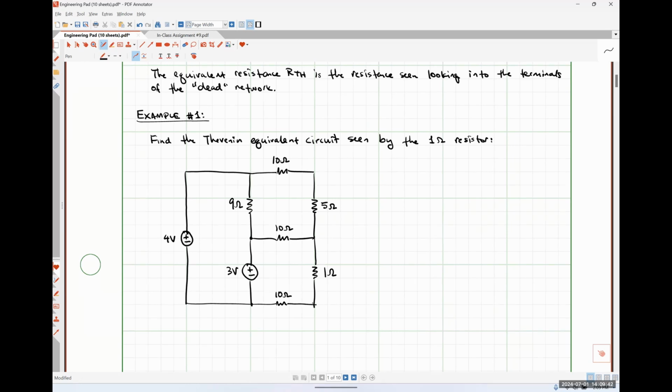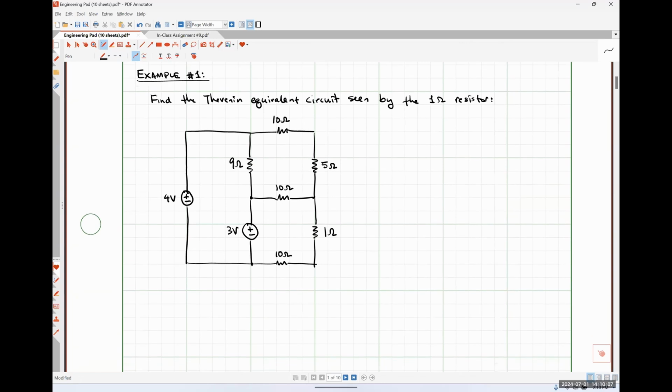So when we're asked to find the Thevenin equivalent circuit seen by a particular circuit element, what we are going to have to do is to take that circuit element out, and that's going to leave behind a pair of terminals that are mentioned in our definition for our Thevenin equivalent voltage and our Thevenin equivalent resistance.